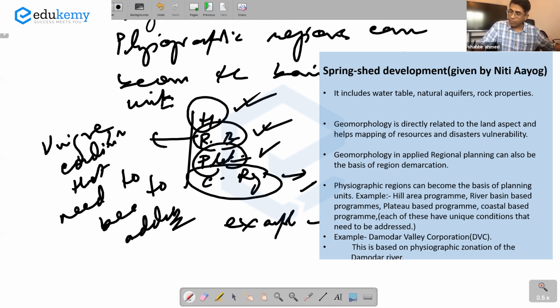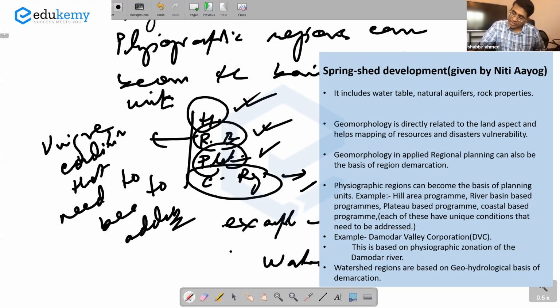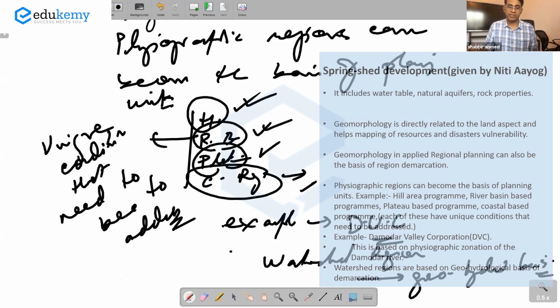Damodar Valley Corporation Plan. This is based on the physiographic zonation of the Damodar River. We can use examples of watershed regions, which are also based on the geohydrological basis of demarcation, and that includes identifying the watershed boundaries.